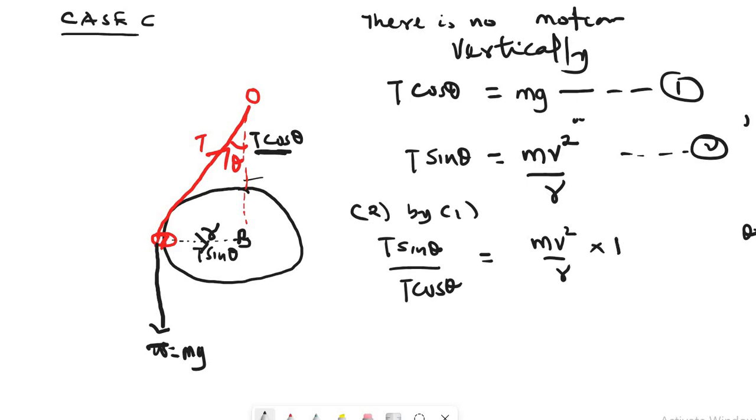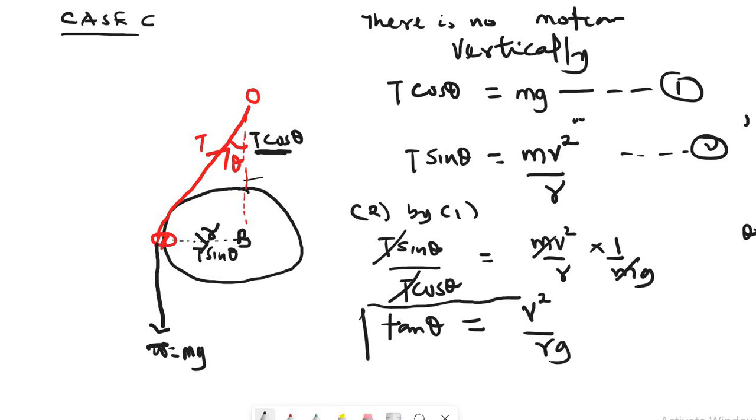T cancels T, sine theta over cos theta gives us tan theta. M cancels M. What do you have? V squared over rg. So that's the relationship for a conical pendulum.